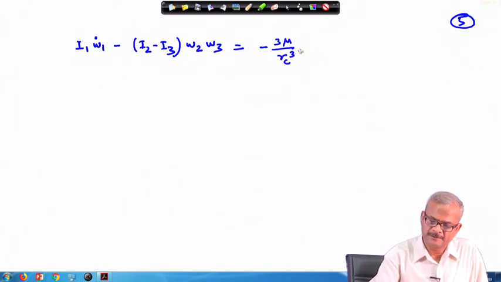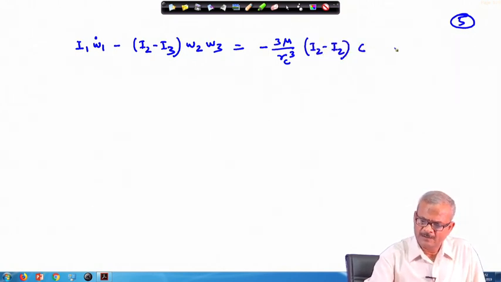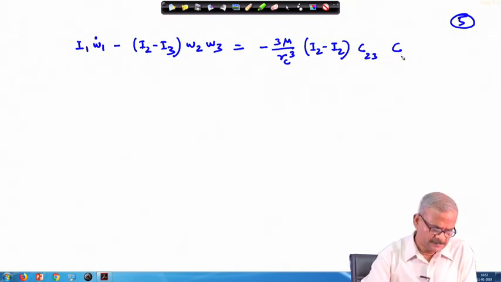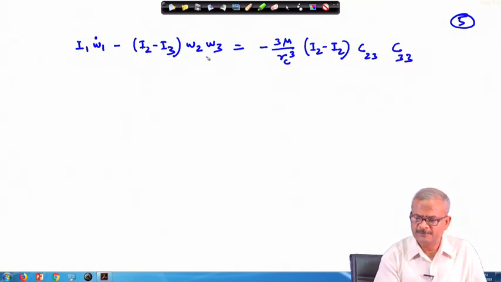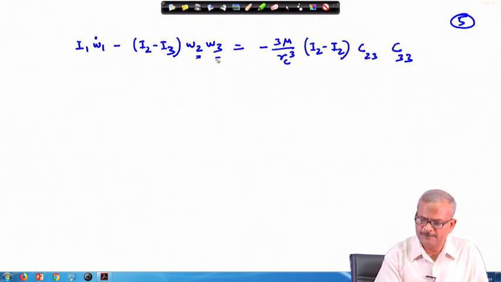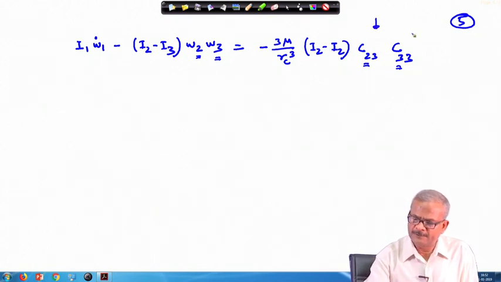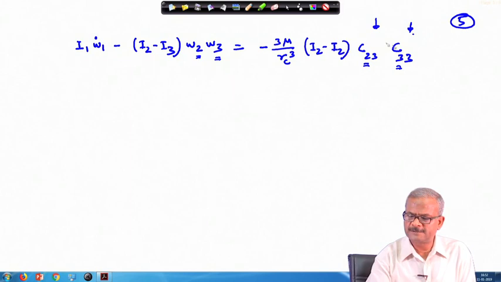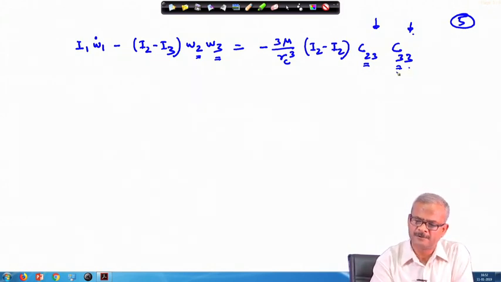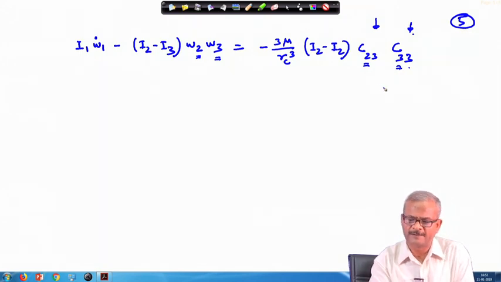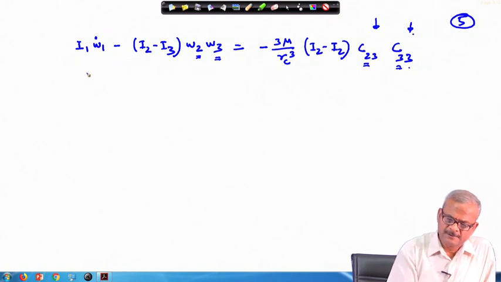Okay, this we have done earlier, times I 2 minus I 3, and then the direction cosine terms which appear from the rotation matrix, C 2 3 and C 3 3. The usual notation is that whatever 2 and 3 appear here, we write, and thereafter we just put 3 3. Okay. And this is coming, as explained earlier, because the gravitational force is acting along the third orbital axis. Because of that, it has appeared here. Okay.